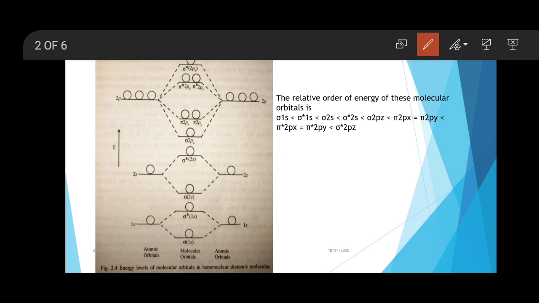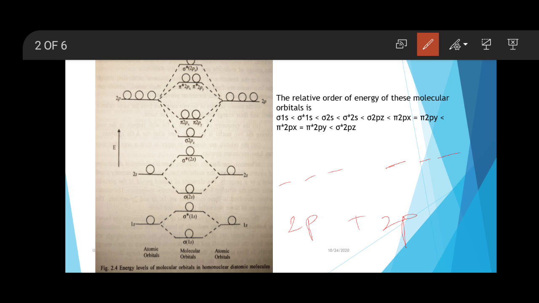Similarly, the 2p orbitals of one atom combine with the 2p orbitals of another atom. So how many 2p orbitals? 3. They combine with the 3 atomic 2p orbitals of the second atom.